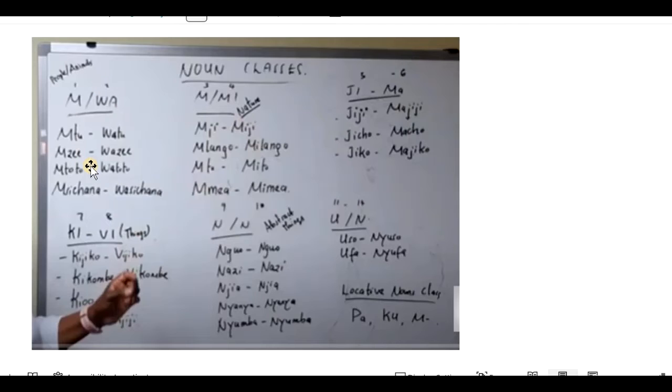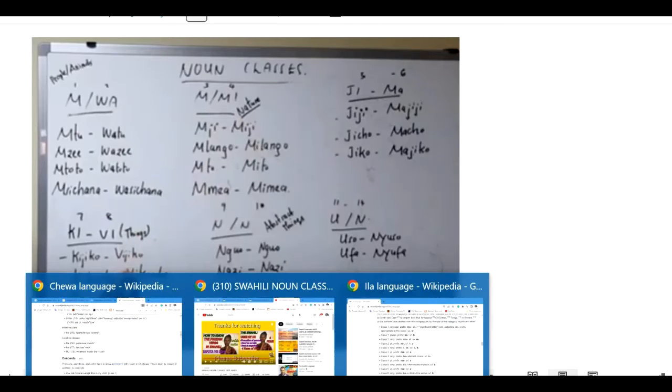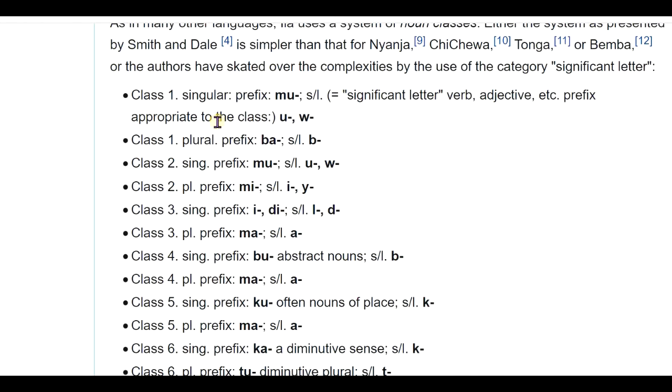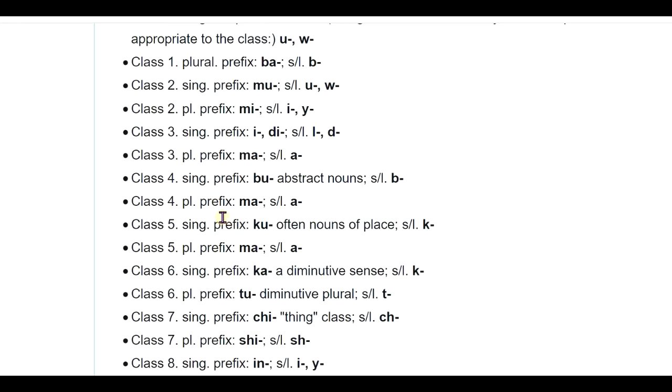This should be class 1, singular and plural, and this would be class 2, singular and plural, and class 3, singular and plural. That's the way I'm used to learning it in Nyanja, and I prefer that way, how they've done it here. So let's plan on doing that for this lesson.